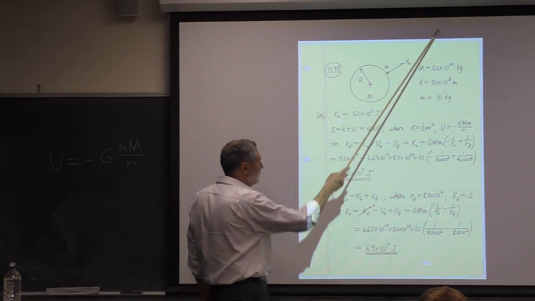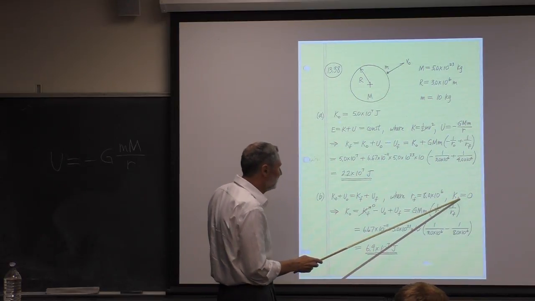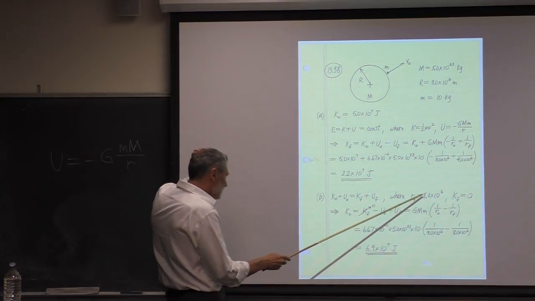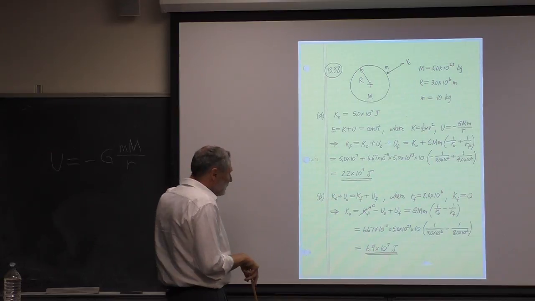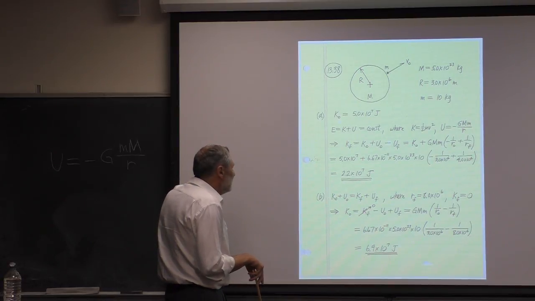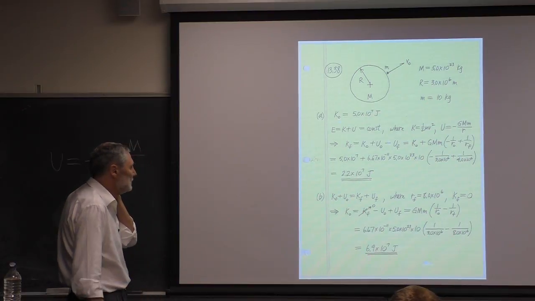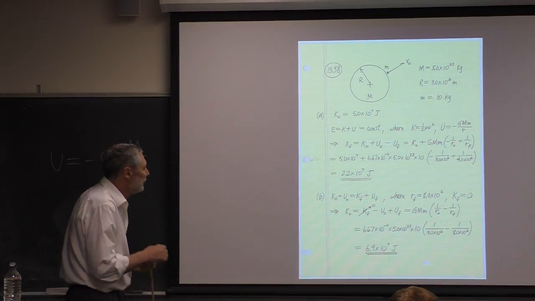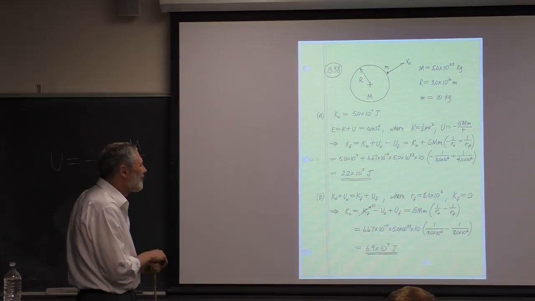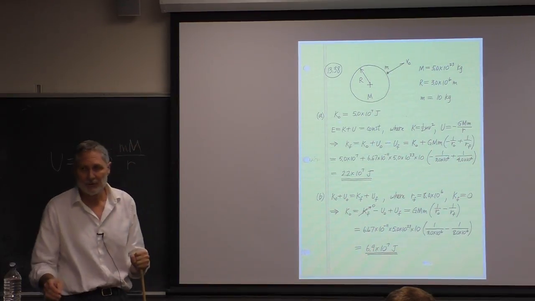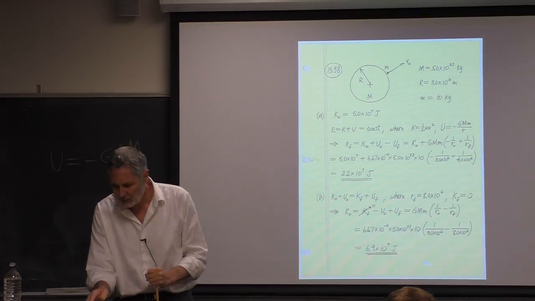That's going to be the turning point there. We're choosing that to be the final point. We're given the distance. And now we can solve for the initial kinetic energy. And it's equal to this. Okay, any questions or comments about that one?